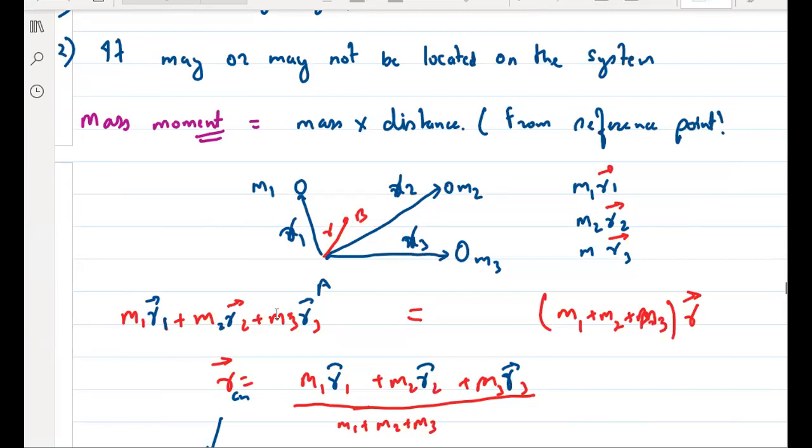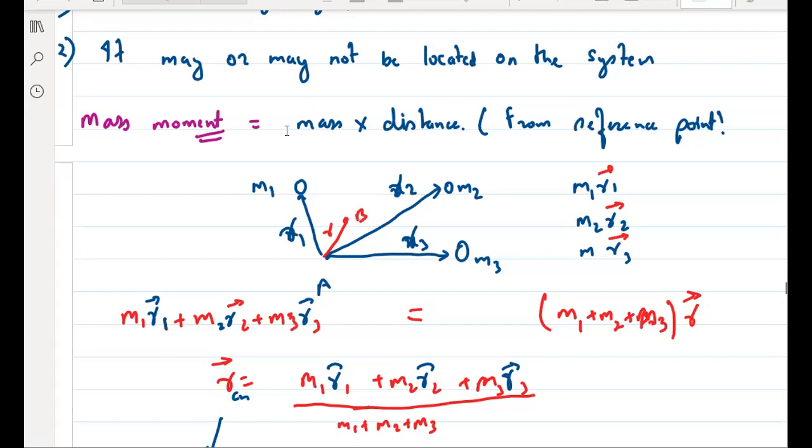If I want to find a point at which the total mass is concentrated, the mass at this point would be the total mass, m1 plus m2 plus m3. The masses are not different, so the moment will not change.